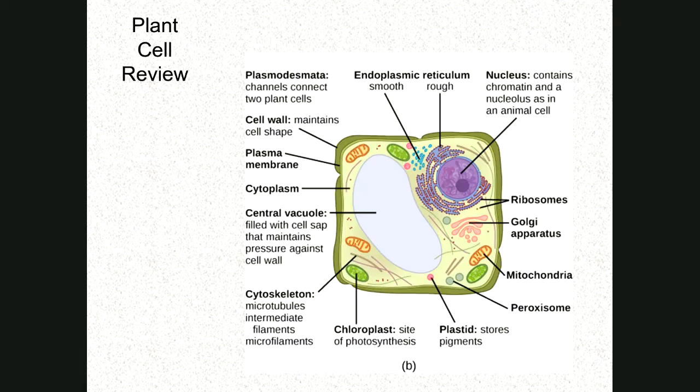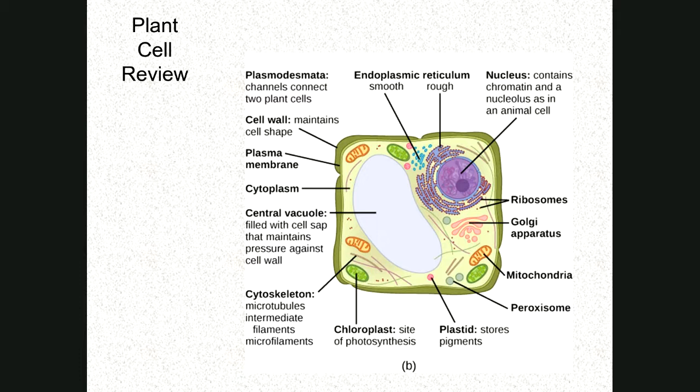In the plant cells, we have the cell wall that protects the cell and gives rigidity to the cell. We have also, of course, the cell membrane. We have ribosomes. We have the rough and smooth endoplasmic reticulum. We have also the mitochondria, and we have the chloroplasts.